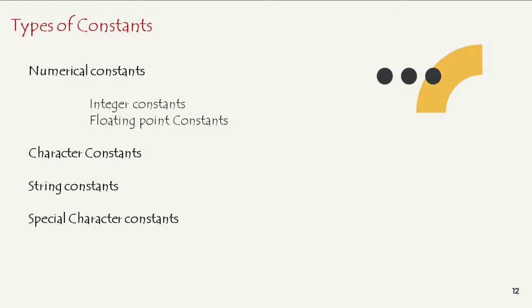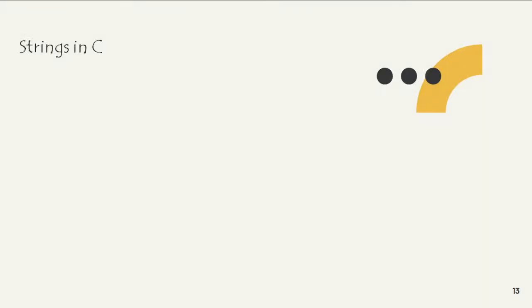Suppose we are using \n, the meaning of that character is that we want a new line, or we want to return to a new line. If you give \t, it specifies that we want a horizontal space. So these are some special character constants which are used in the C programming language.